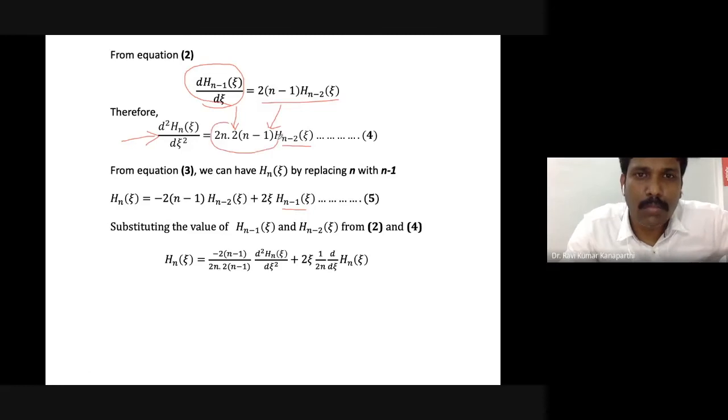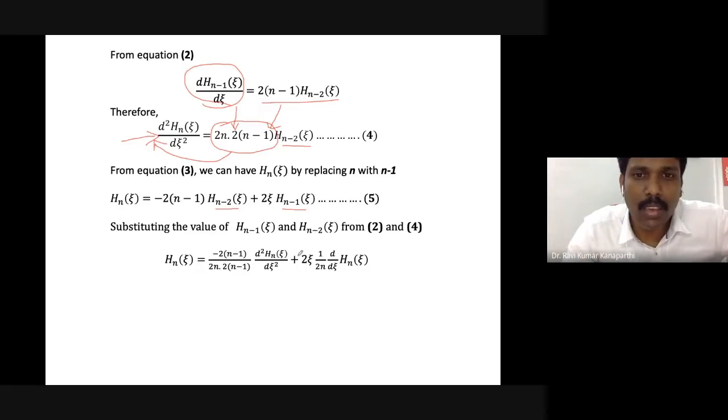So the 2n, if I move it here, then I can obtain the relation for Hn minus 2 of z, right? So here you already have minus 2 (n minus 1), that you can keep as such. But this expression you can replace with d square Hn of z by dz square, right? And there is a coefficient, that coefficient will sit in the denominator.